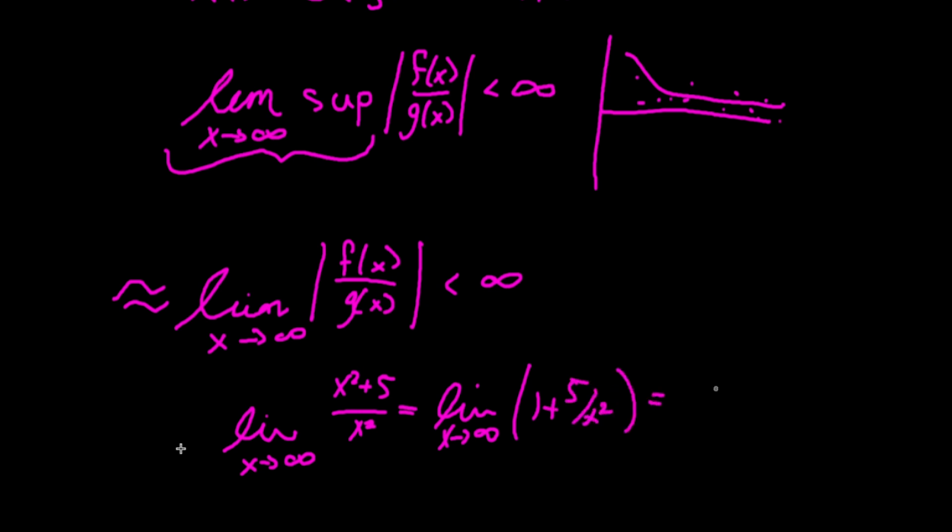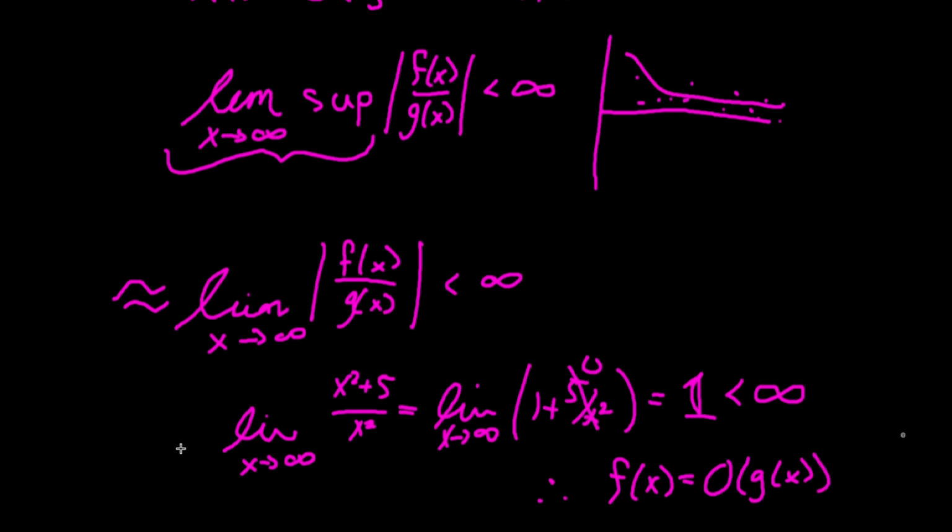This goes to 0 as x approaches infinity, which is equal to 1, which is significantly less than infinity. It's not infinite at all. Therefore, f of x is equal to big O of g of x. All right, and just like that, you've learned about big O notation. Congrats, everybody. There we go, proved.